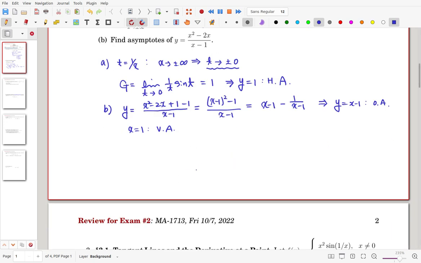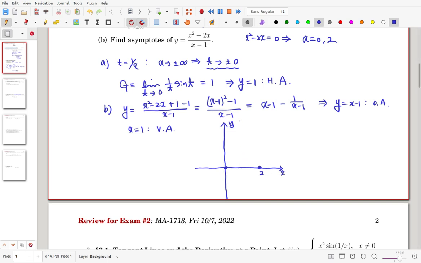Here there is the x-axis and the y-axis. The numerator x squared minus 2x is 0 when x equals 0 and 2. That means the curve is passing through this point and that point, which is 2.